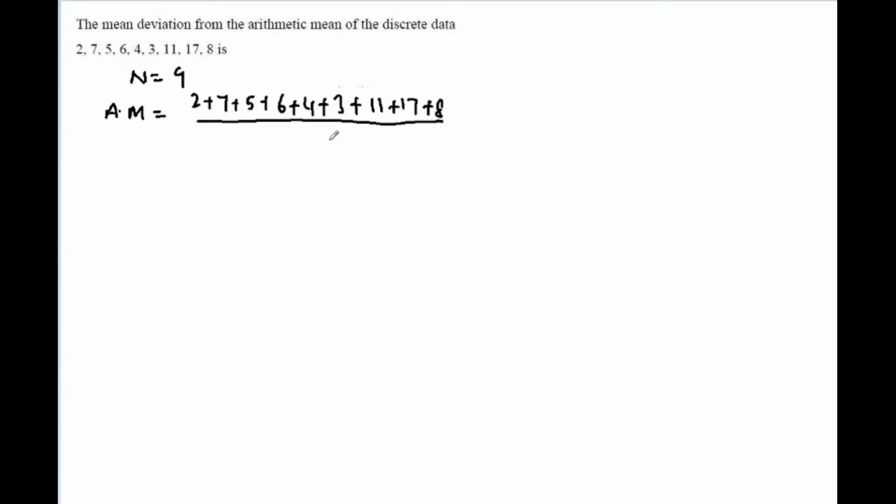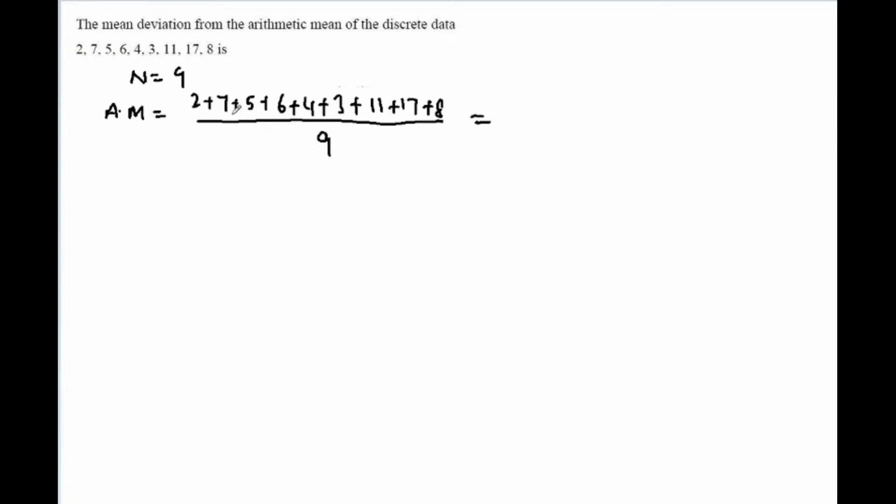The mean deviation from the arithmetic mean of the discrete data 2, 7, 5, 6, 4, 3, 11, 17, 8. So the number of values is n equal to 9, and arithmetic mean AM is equal to 2 plus 7 plus 5 plus 6 plus 4 plus 3 plus 11 plus 17 plus 8 by the total number of values, that is 9.